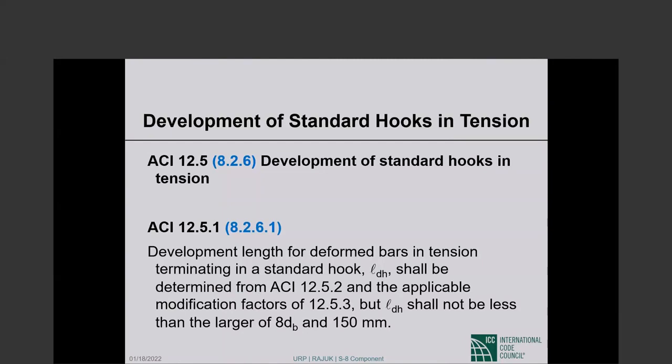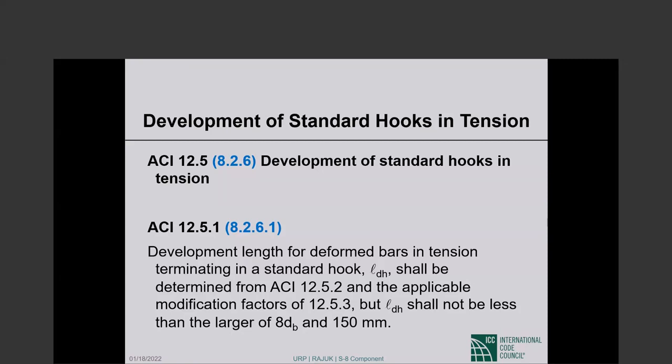Now development of standard hooks in tension. Okay, standard hooks are defined in ACI 318, and we may go into that a little bit on one or two of the slides. Standard hooks as defined in ACI 318. So development length for deformed bars in tension terminating in a standard hook. We call this L sub DH.